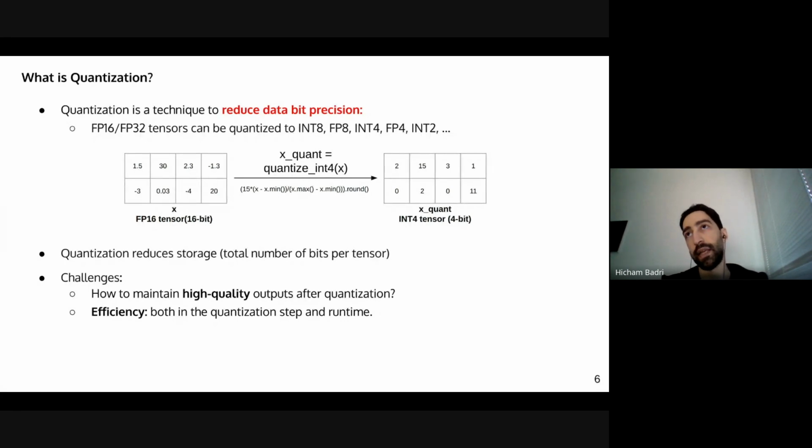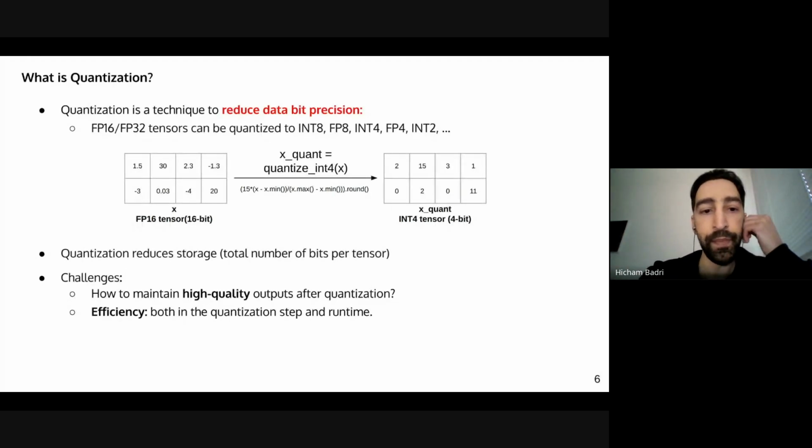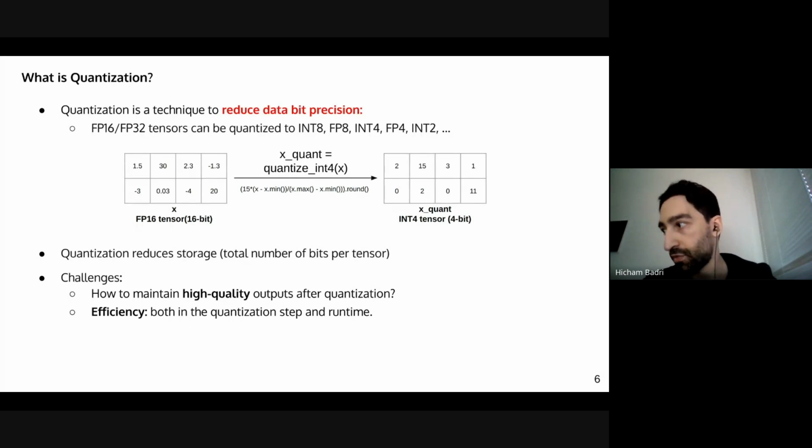If it's, let's say, int4, you will map it into values between 0 and 15, right? So you have 16 values, 2 to the power 4. All it does is reduce the number of bits per tensor, and this reduces the storage. So by itself, it doesn't make anything faster. It just reduces storage.